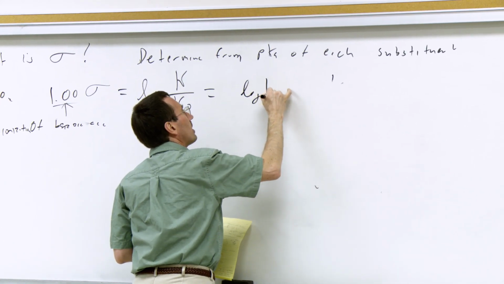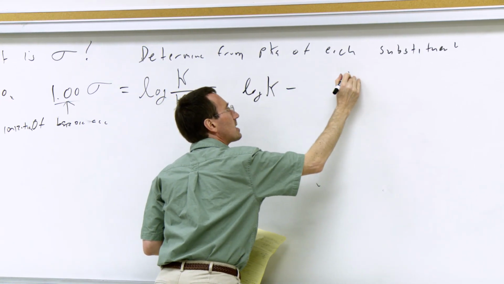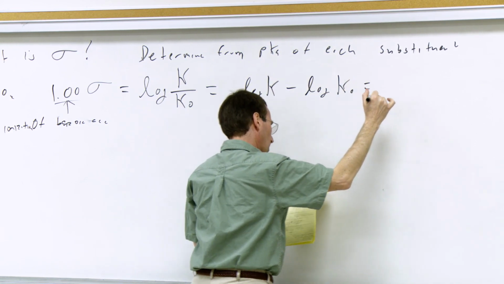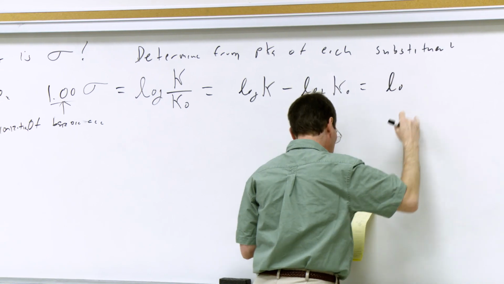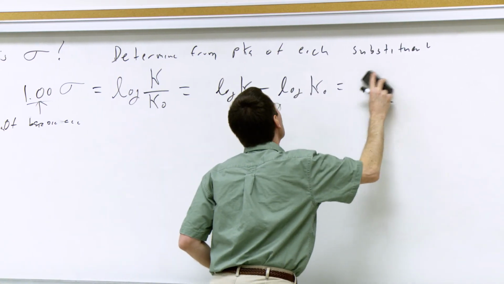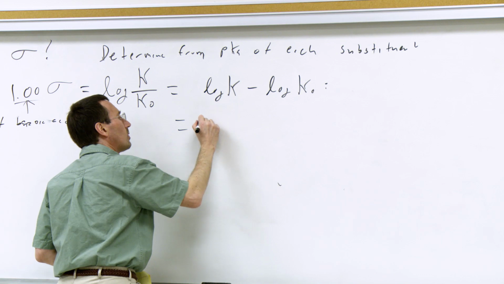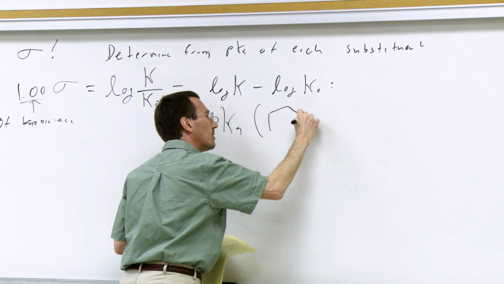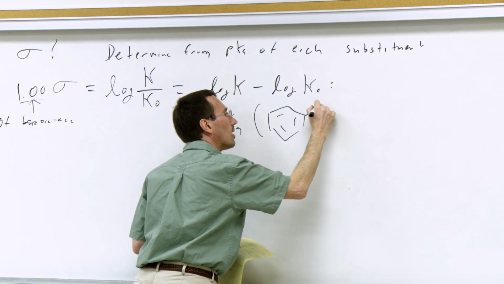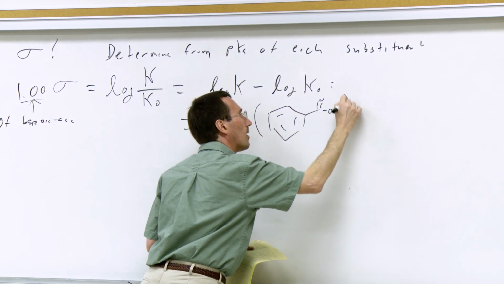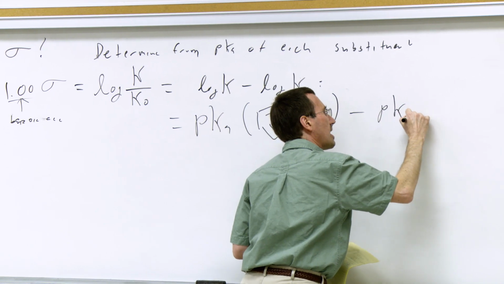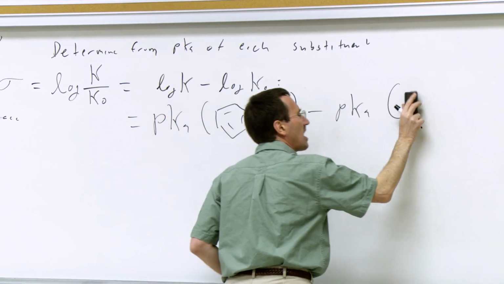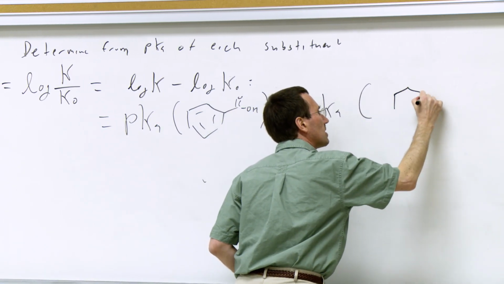Log K minus log K naught is equal to the pKa of benzoic acid minus the pKa of, I'm just going to write it out, paranitrobenzoic acid.